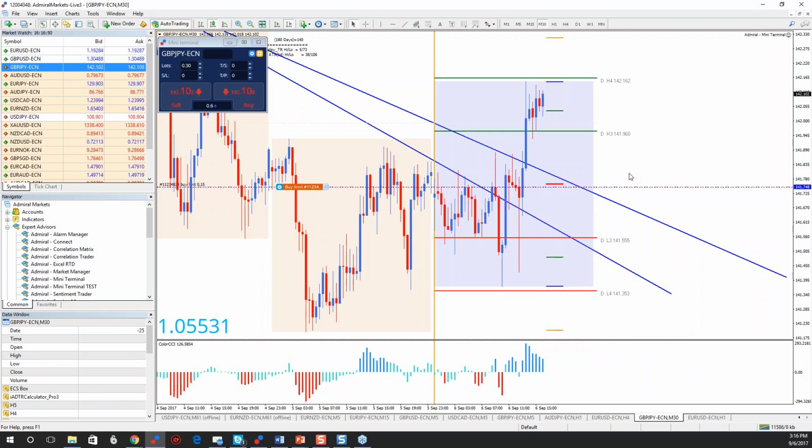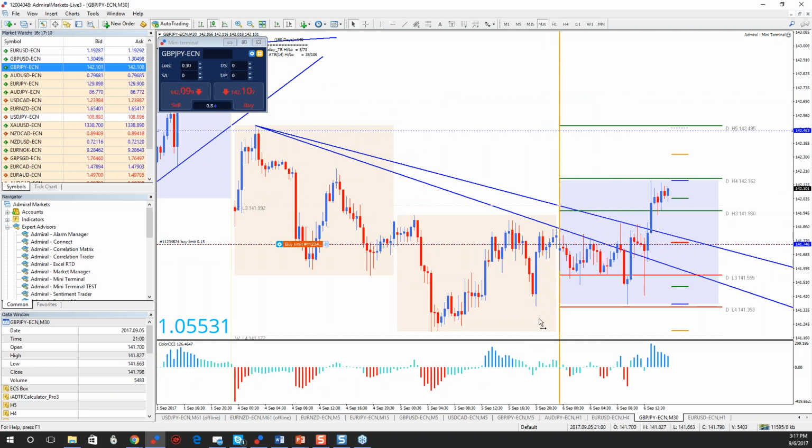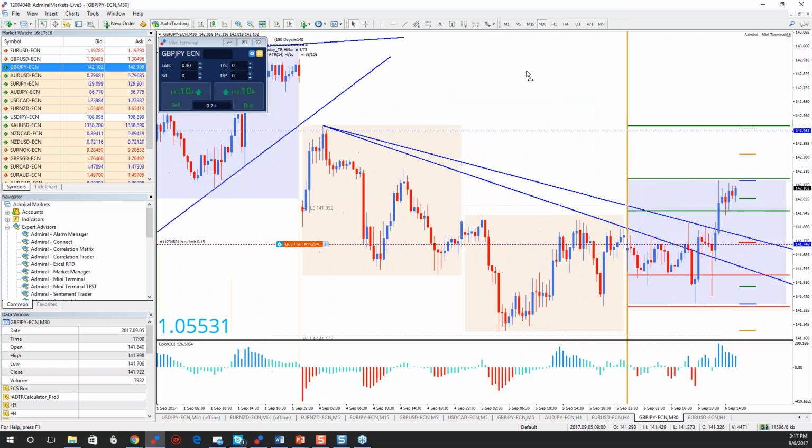Samir is asking, I am new, great explanation so far. Maybe a bit off topic, but when talking about Camarilla, how to get a better feeling when the price will reverse? Good question. What I do, for example, when I want to see reversal, this is maybe good advice to all of you who are following price reversals.